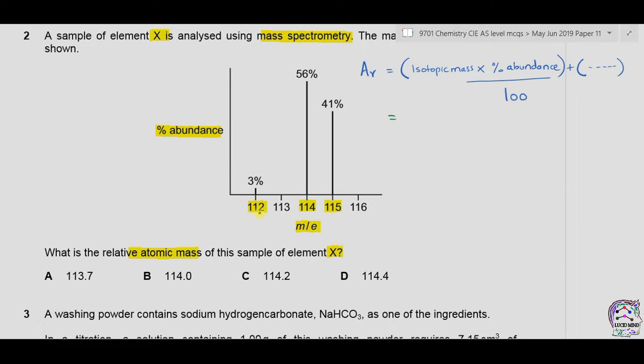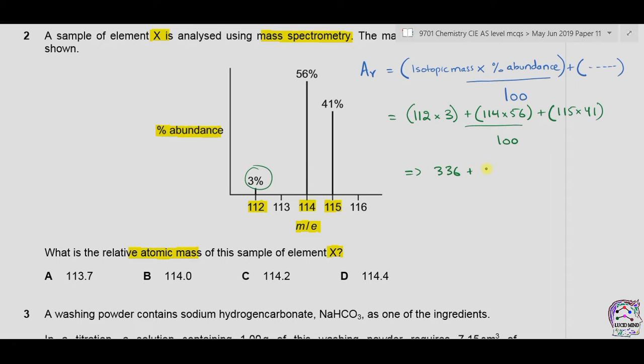Let's put the values. For first isotope, the isotopic mass is 112 multiplied by percent abundance, which is 3%. Similarly, for second isotope, we can see that the atomic mass is 114 into percent abundance, which is 56%. And for third one, it is 115 into 41%. Divided by 100.